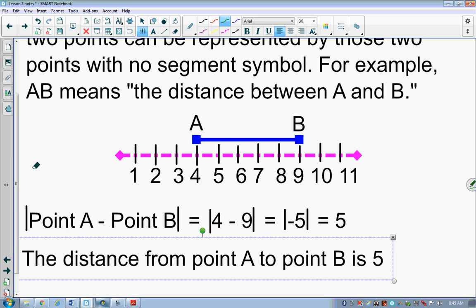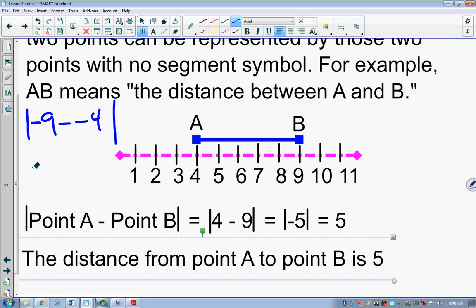So the distance from point A to point B in this case is 5, and it would be even if we moved this over and flipped it and put A at -4 and B at -9. What would we wind up with there? We would have the absolute value of -9 minus -4.